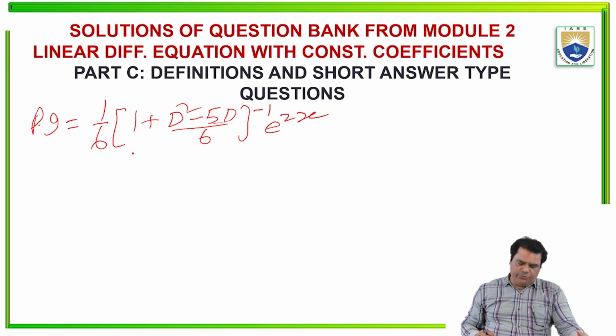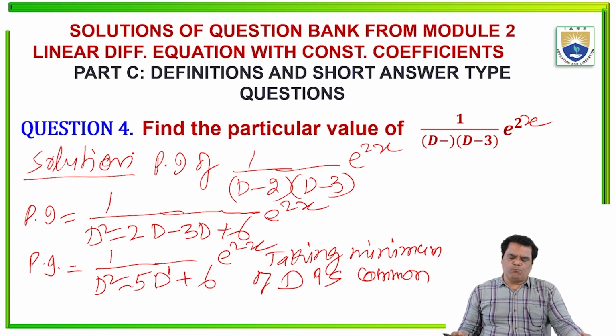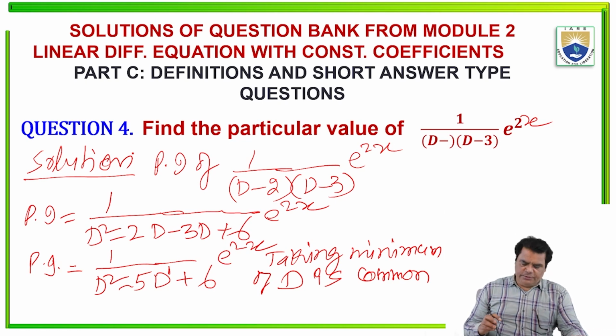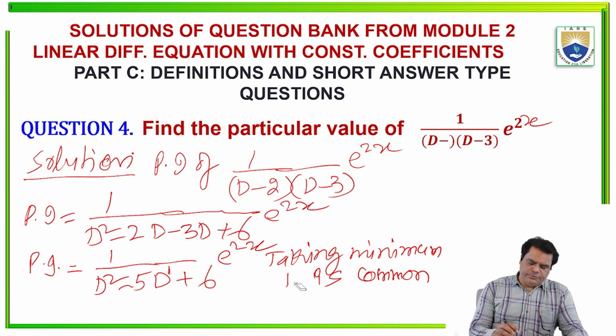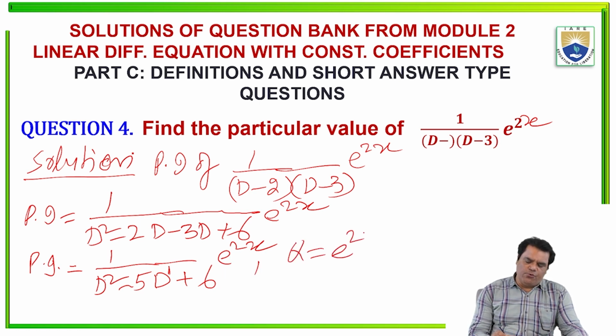Sorry, here it is wrong. Here it is e to the power 2x, so we are not making a binomial, okay, because the function here, Q, is e to the power 2x.